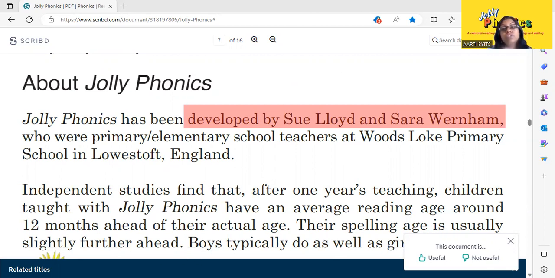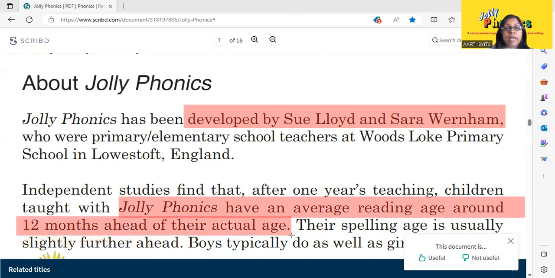Every teacher should understand how important and how beneficial Jolly Phonics is if you are going to do this in your classroom. You understand, 12 months ahead of their actual age milestone.